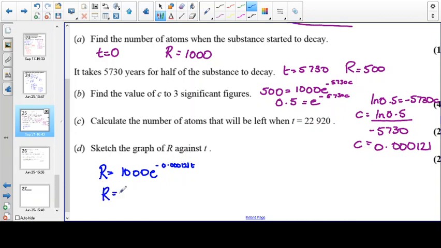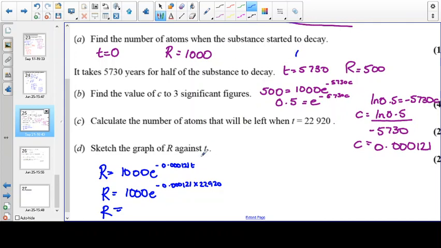So we need to put in t equals 22,920, so 1000 e to the minus 0.00121 times 22,920. Very fiddly numbers. 1000 times e to the minus 0.00121 times 22,920.